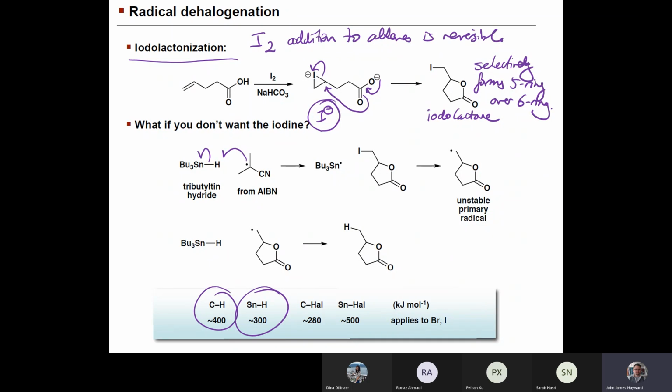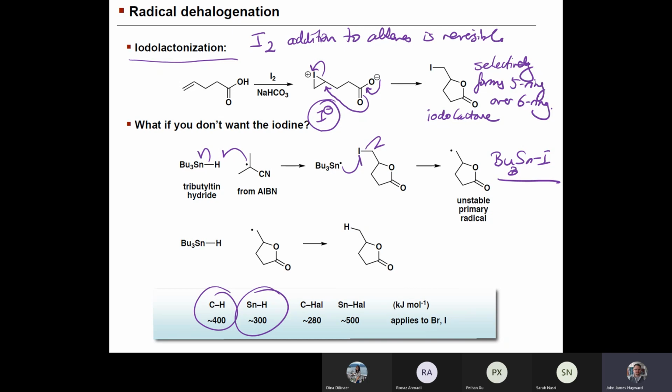Now, tributyl tin radical attacks the iodine because the iodine-tin bond is a lot stronger than the carbon-iodine bond. My apologies. So we generate tributyl tin iodide as our product, and we have an unstable primary radical. Pretty much the only radicals that are not stable at all are primary ones.